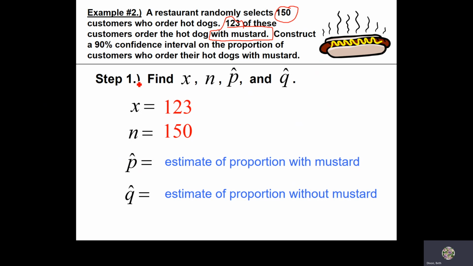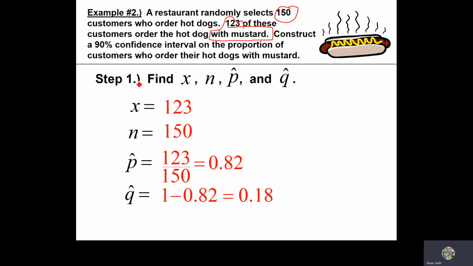The estimate of proportion with mustard would be the part out of the whole, which would be 123 divided by 150, which would be 0.82. The estimate without mustard would be 1 minus 0.82, which would be 0.18.